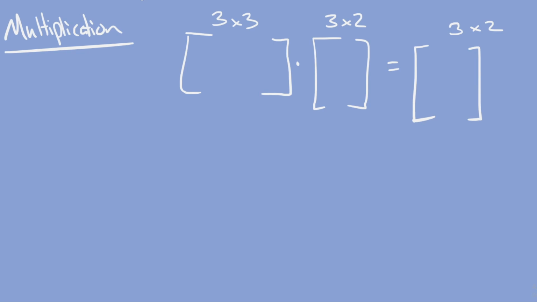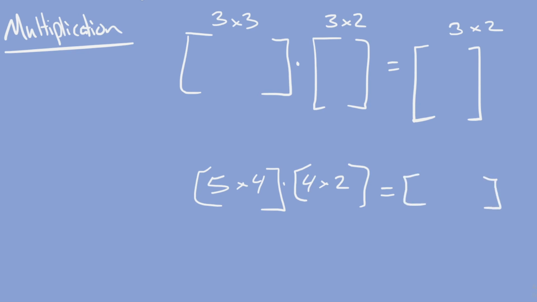So whatever these values are, let's say we make a 5 by 4 multiplied by a 4 by 2. You can see that this works because 4 is equal to 4, and then the size is going to be 5 by 2.